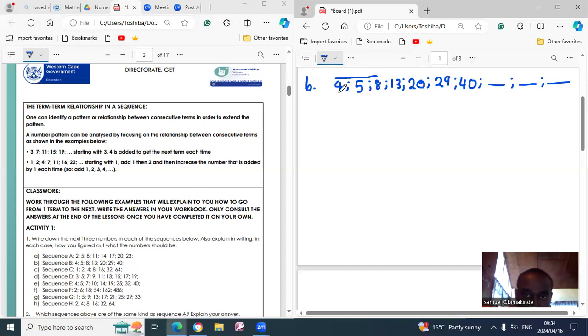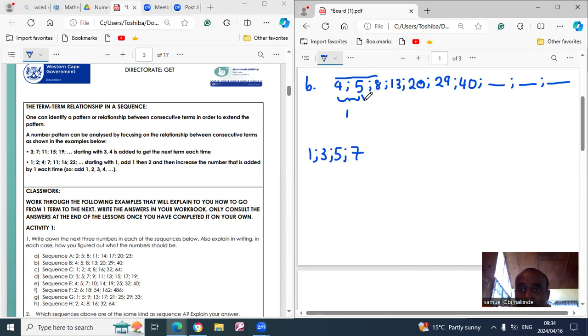To get from 4 to 5, what did we do? We added 1, right? And to get from 5 to 8, we added 3. So the difference here will be the next odd number. So we are adding an odd number each time, right? Let's investigate it. The difference between 5 and 4 is 1.